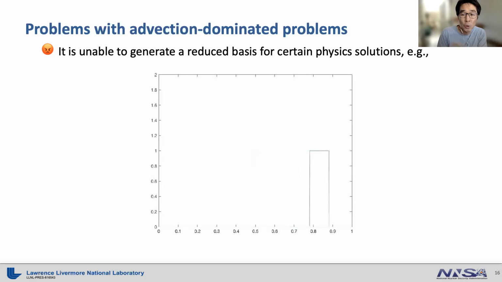So there is no way for the linear subspace basis to represent this solution span compactly. Simply, you must include all the snapshots in the reduced space to accurately represent the solution span, which is unfortunate and which is not a reduced order model anymore.